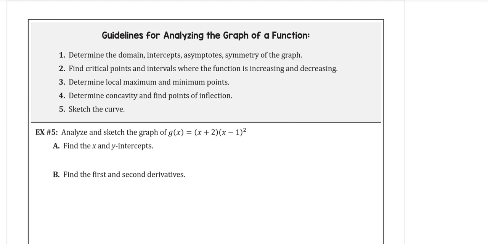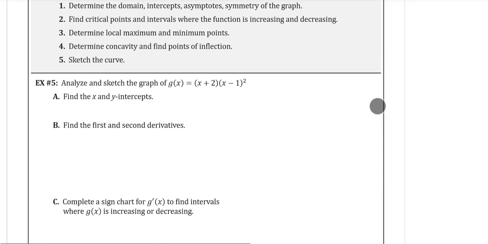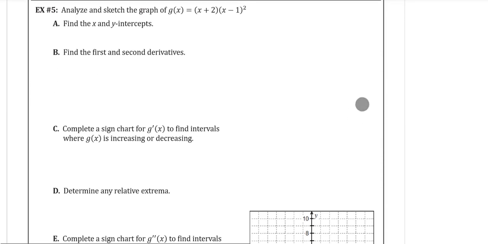Okay, so let's go through the first function, g of x. The nice thing about starting with one like this is, of course, the fact that we have a polynomial, and it's also already factored for us. So I know that at -2, this function is going to cross over, and at 1, it's going to touch and turn because I have an even multiplicity for 1.